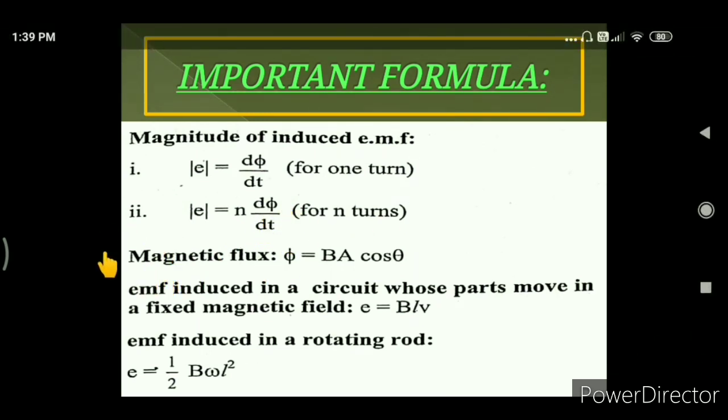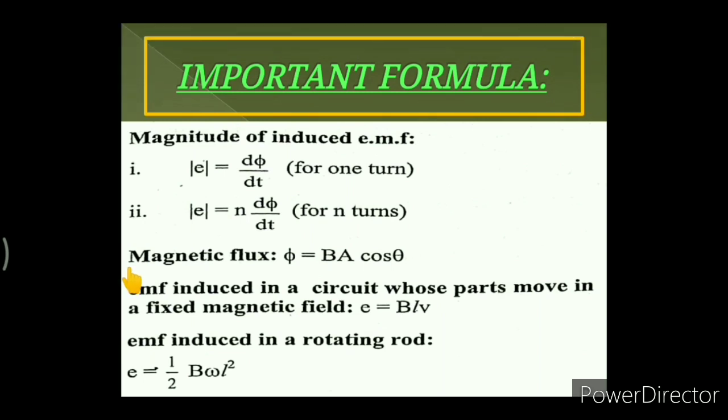Then the magnetic flux is given as a scalar product of B and A, so phi is equal to BA cos theta, where theta is the angle between the area and the direction of the magnetic field of induction.